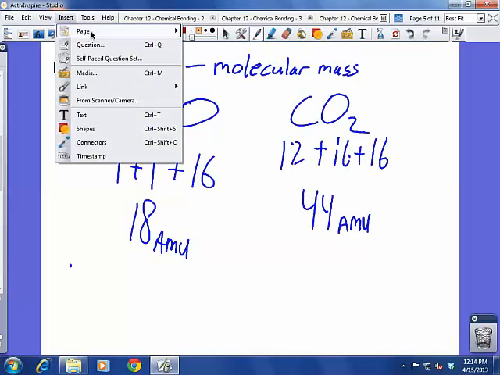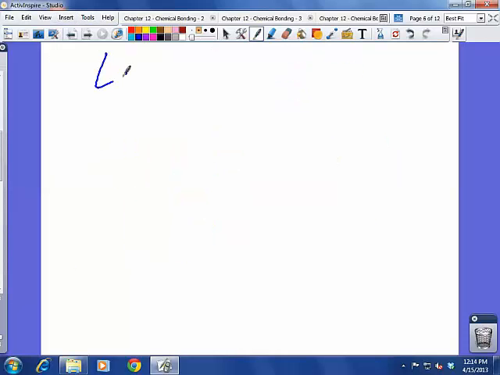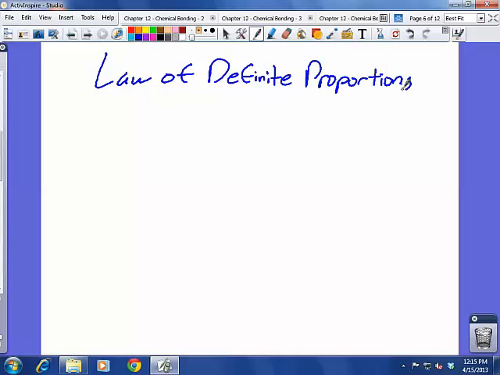Nope. Okay? We call this the law of definite proportions. And what this law tells us is that if we have something like water, no matter if we just have one water molecule or a whole big tub of water, we're going to have 2 hydrogen atoms for every 1 oxygen.